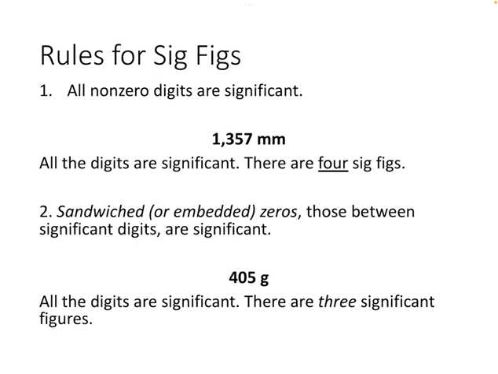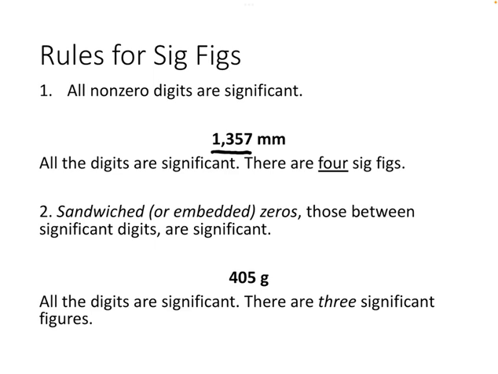So the first rule for significant figures is that all non-zero digits are significant. So down below we have another example. Let's say we measured something to be 1,357 millimeters. Each of these digits are non-zero digits, so they're greater than 0. So they are significant, which means we have a total of 4 sig figs.